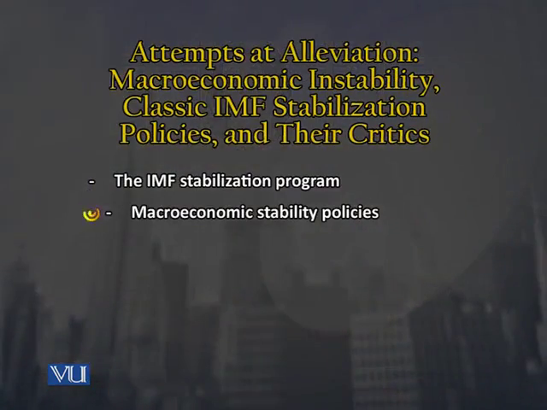And the various types of combinations that IMF used, and is using even nowadays, is a combination of various macroeconomic stability policies, and then they go for a number of various stabilization policies.